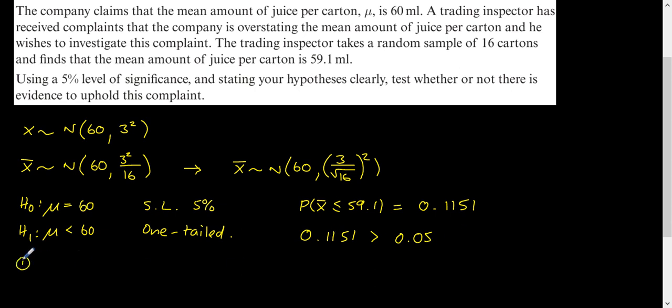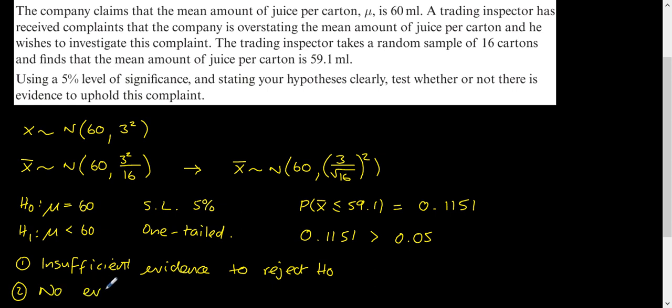So our 2 conclusions: the first one is that there is insufficient evidence to reject H0. That's our mathematical conclusion. The second conclusion is the contextual one. We just say that there is no evidence that the company is overstating the mean.